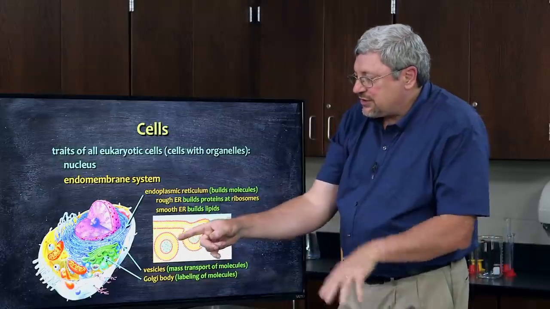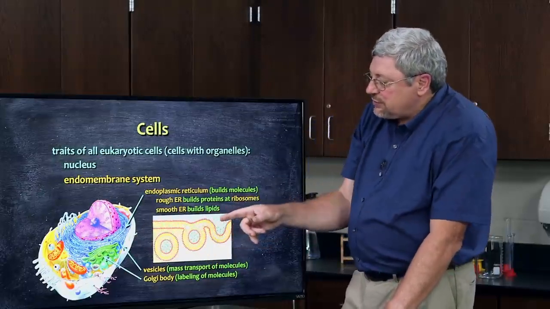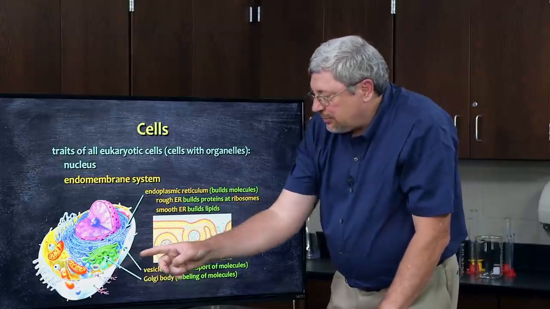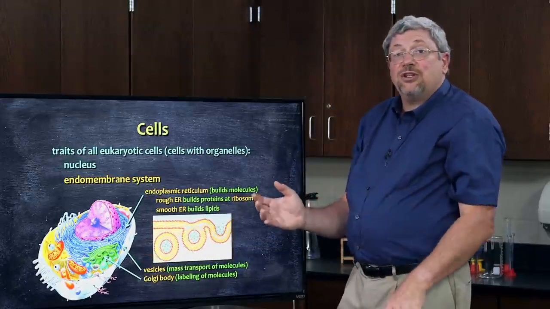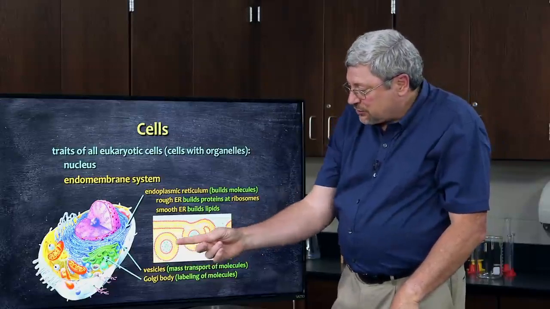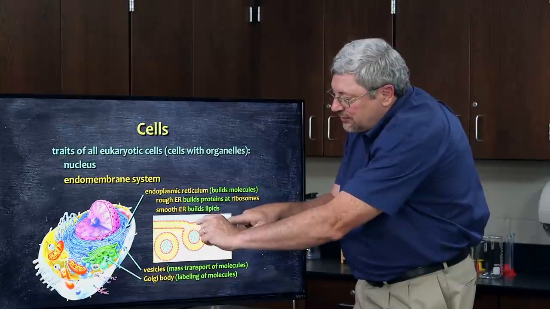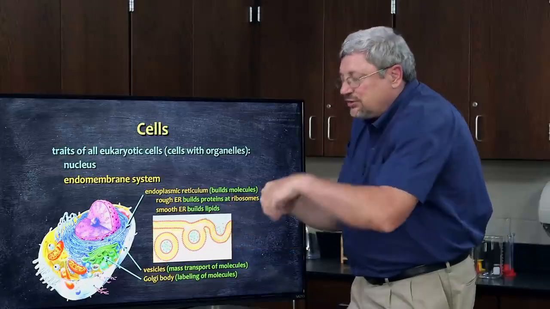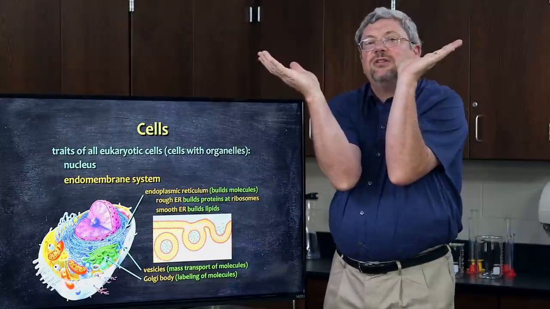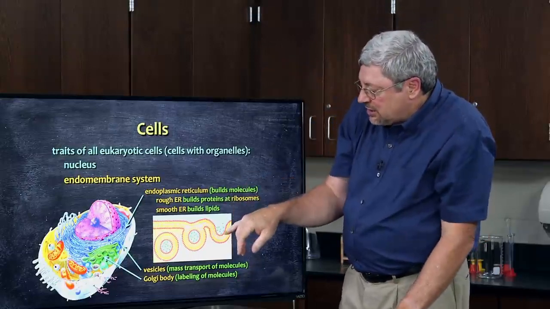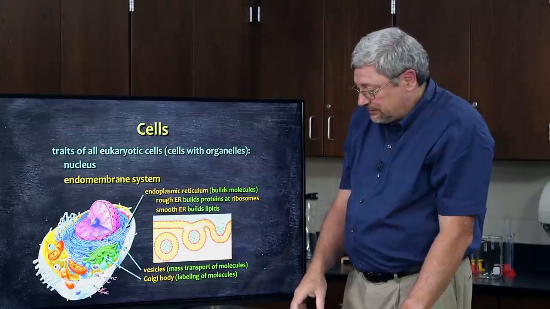The vesicle approaches and fuses with the membrane of the Golgi body in the reverse way in which it left the ER, ultimately opening the vesicle out into the interior of the Golgi body, dumping the molecules in there.